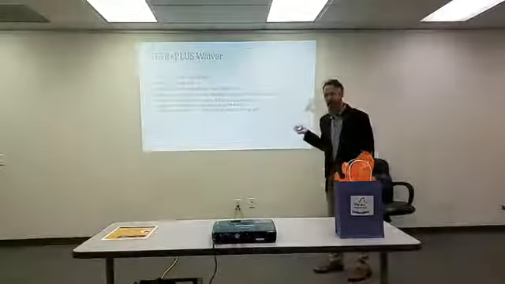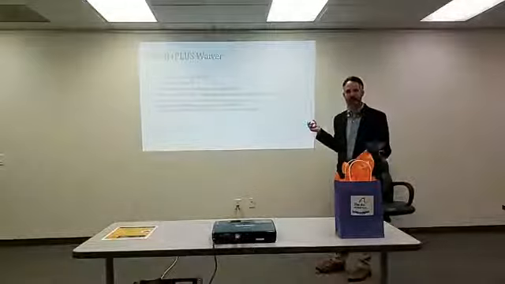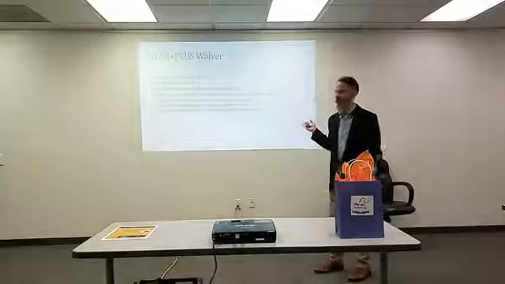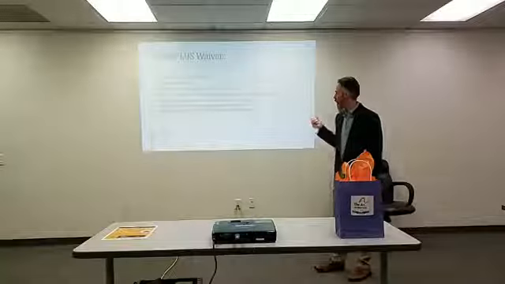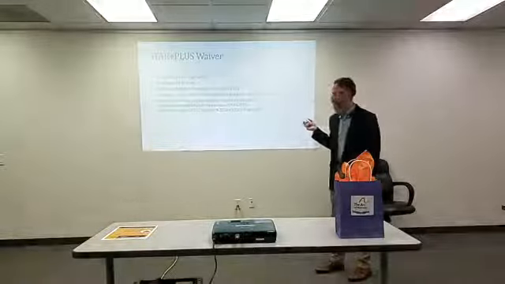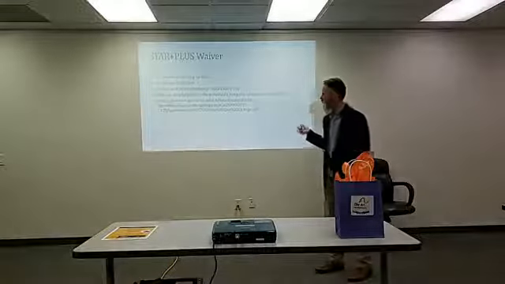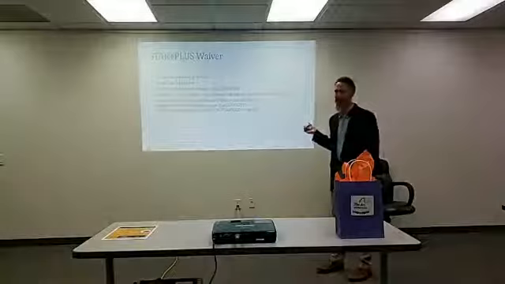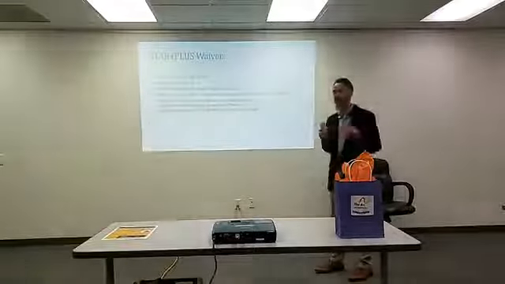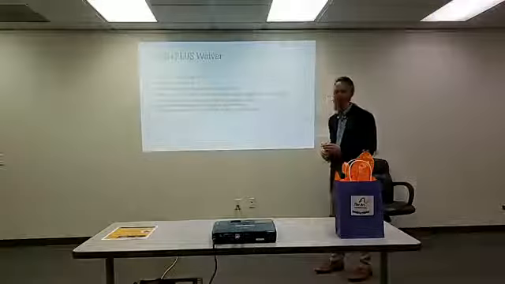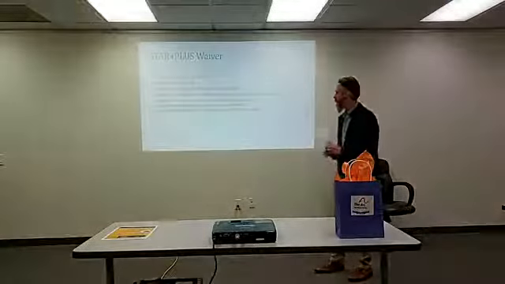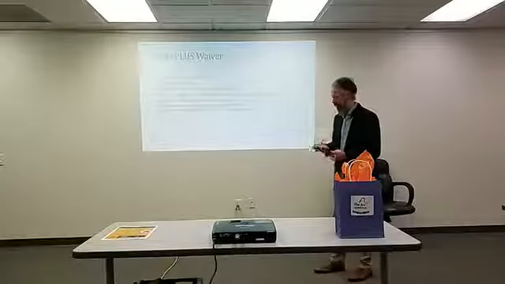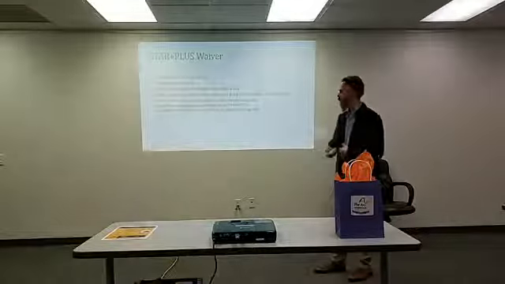When they move over to Star Plus waiver, remember that cost limit's only whatever it is, let's just say $230,000. Well, their plan of care is going to be over that cost limit. There is a mechanism to have that child stay in the community and receive the services even though they're over the cost limit. It's called the General Revenue Fund process. We can talk about that another time, or you can ask me about it offline.